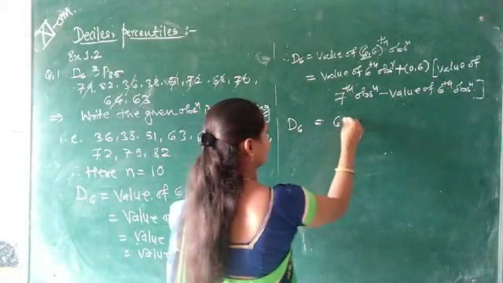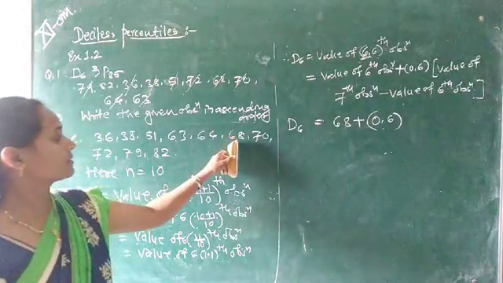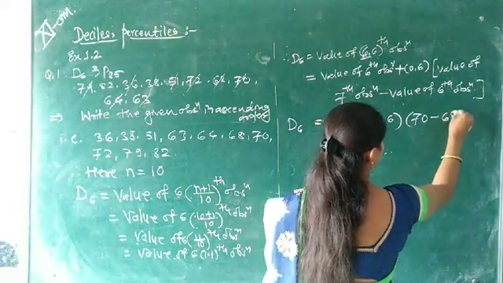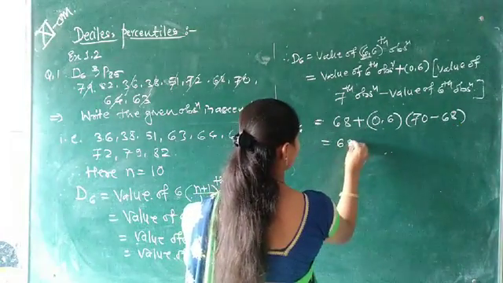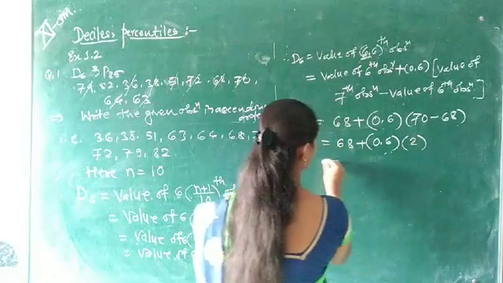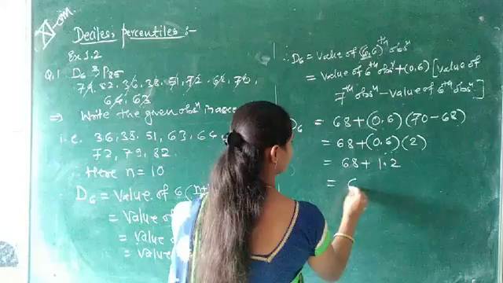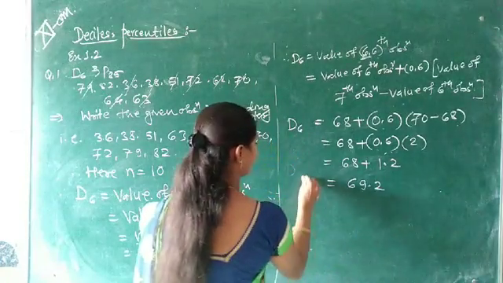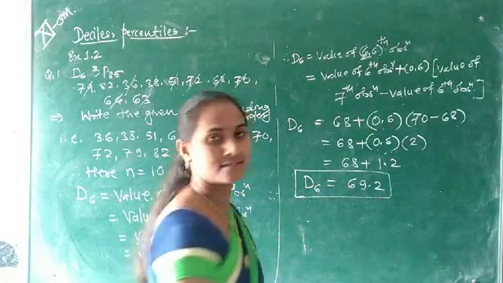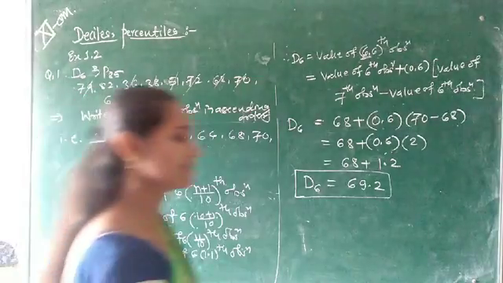That is 68 plus 0.6 into 2, that is 1.2, so it is 69.2. Therefore, the value of the 6th decile is 69.2.